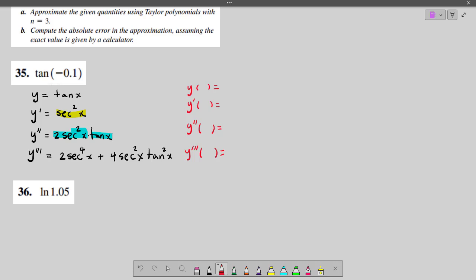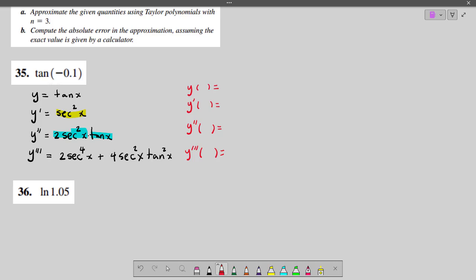And what we would like to do is choose a center for the Taylor polynomial that we know values for, that is also close to -1/10. So we're thinking about the x-axis, and we want to pick a center that's as close as possible to -1/10 that has tangent values that we know, so that we can plug in, and secant values, because we've got to plug in and evaluate all of these.